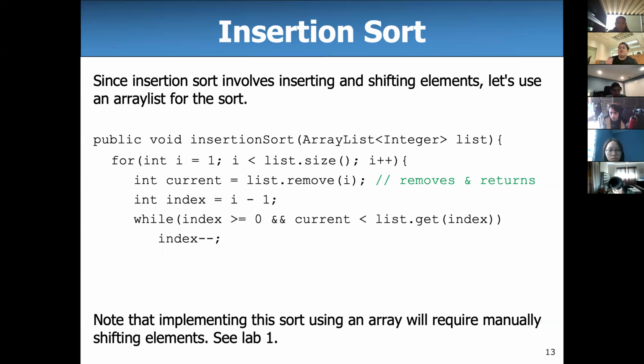So while index is greater than or equal to 0 and current is less than list.get(index), index minus minus. Okay, and then, boom, you do your sort. This index minus minus makes sure that while it's going through, we always check the one that we just replaced.